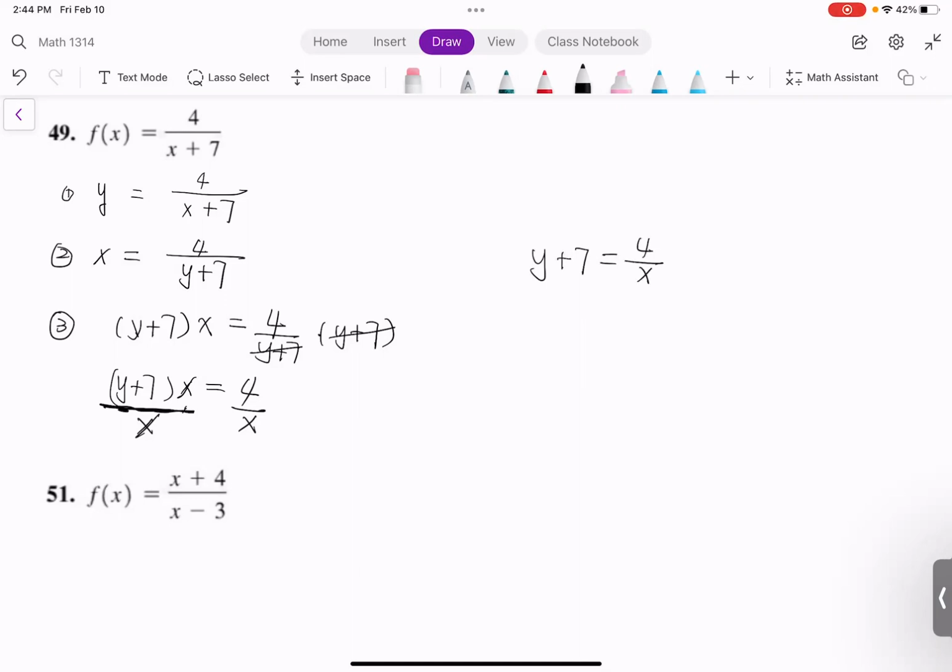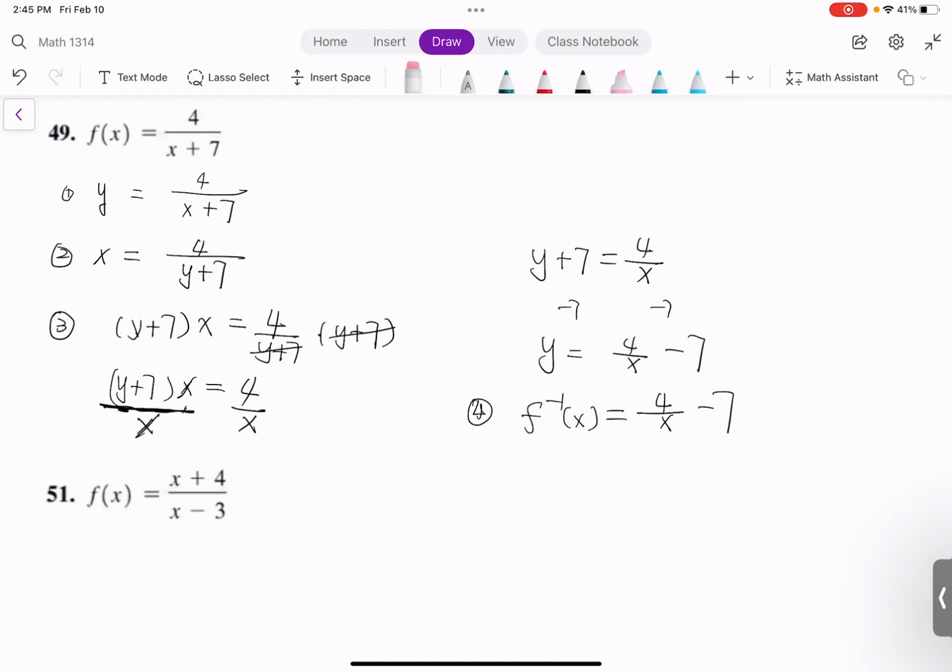Then get rid of the 7. Minus 7 both sides. Y equals 4 over x minus 7. Last step, number 4, replace the y: the inverse function equals 4 over x minus 7. Some students will get confused here. Why divide by x first? Because we are isolating the y, and the x is far away from the y, so get rid of the x first, then get rid of the 7.